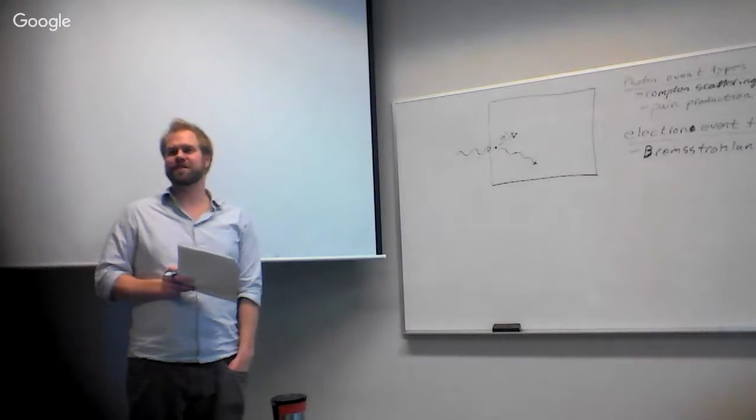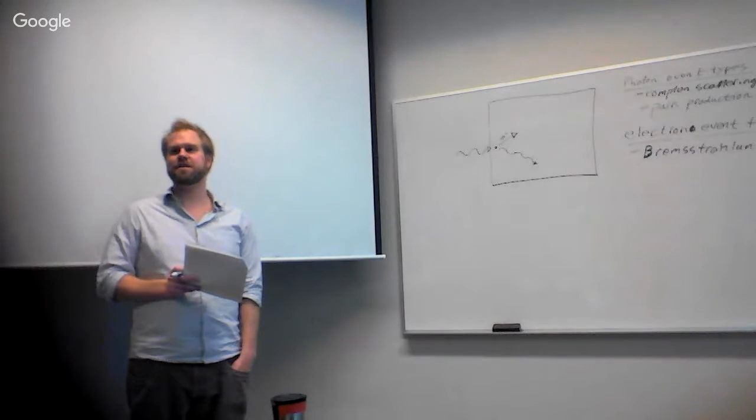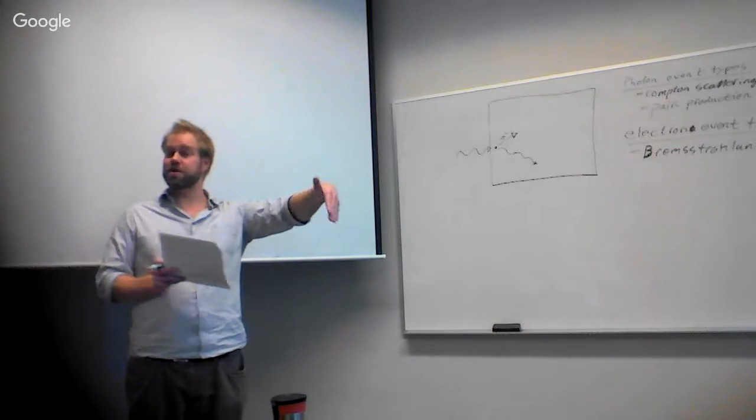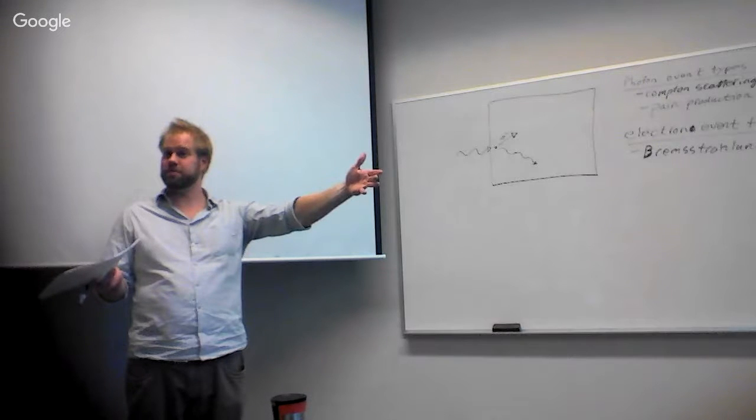You've got a really fast charged particle in a material that has to slow down, the acceleration on that charged particle releasing a photon. Exactly. So if an electron comes near a nucleus and has an interaction and slows down and deflects, accelerating charges produce radiation.